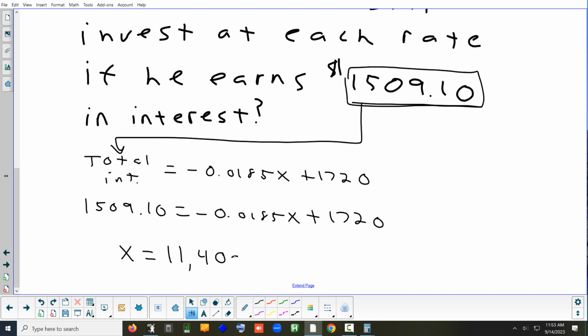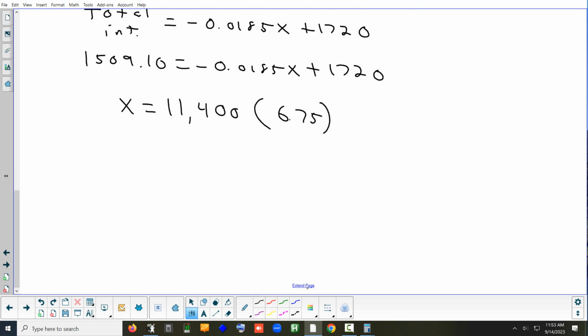Now what was X again? That was the amount of money in which account? Yeah, 6.75. Okay, so that's the 6.75%. So then how much money is left? What was the other one? 8.7, 8.6? How much money is going into the 8.6% account?